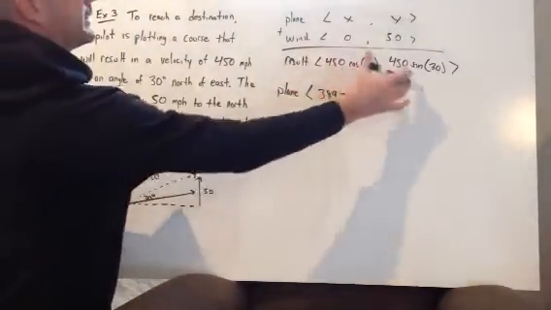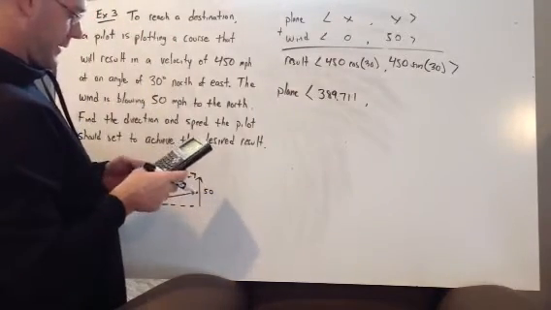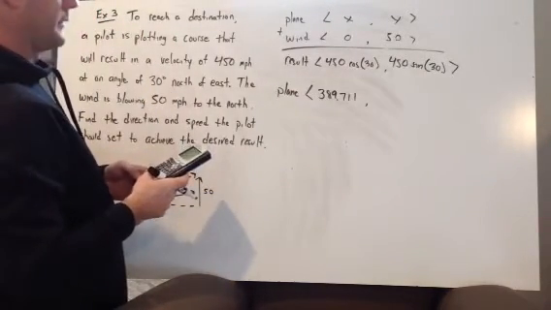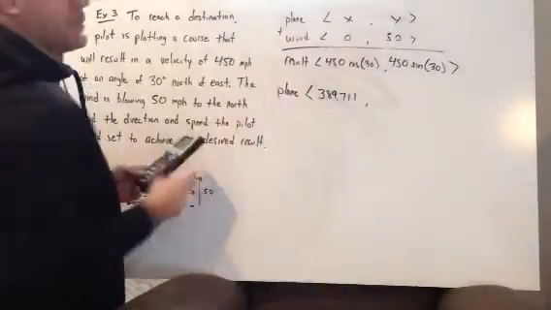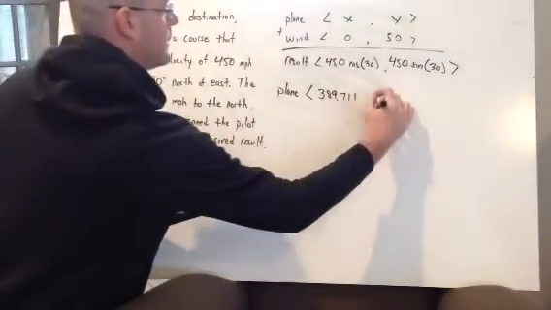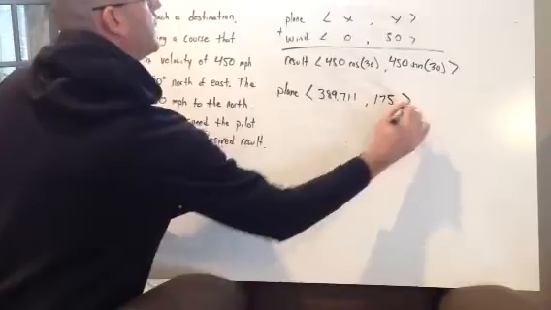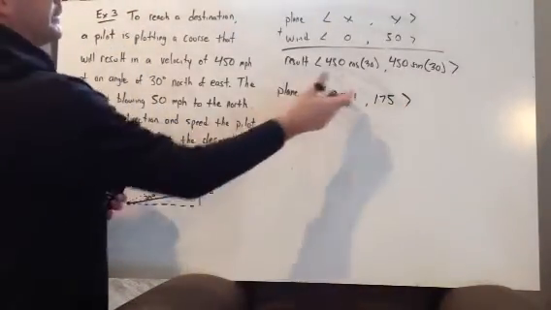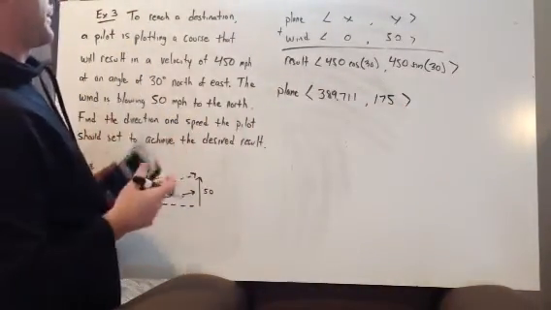For the y, I take my resultant, my 450 sine 30, subtract 50 from it, and that will tell me what my plane's y is, and that's 175. So here's the component form for my plane.